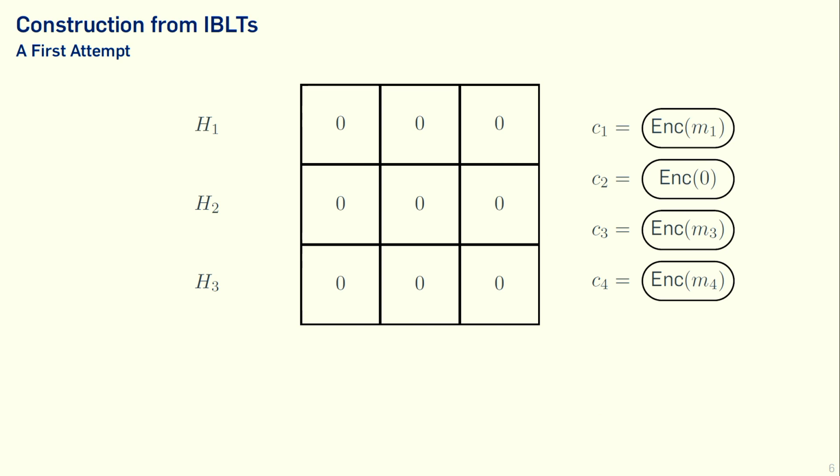So we can try to do that. As a first attempt, we can first look at the value matrix on its own. We now have 4 ciphertexts instead of 4 messages, and we try to insert them in there. So we take C1, plug it into our hash functions, get positions, add the ciphertext to the corresponding positions, and do the same thing for all of the other ciphertexts.